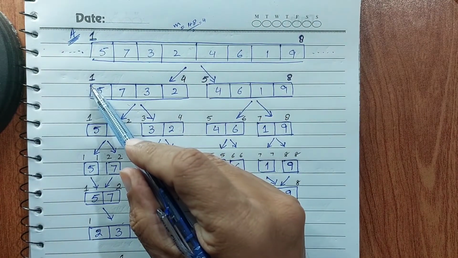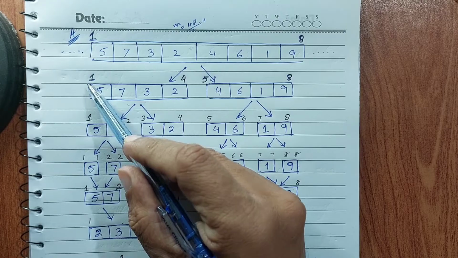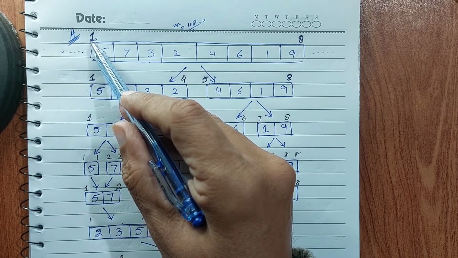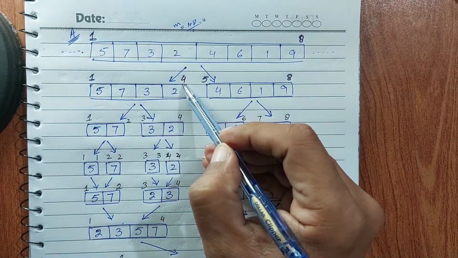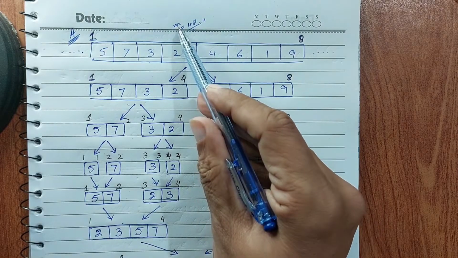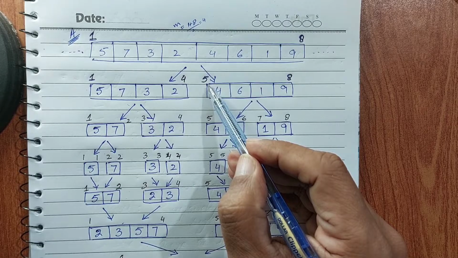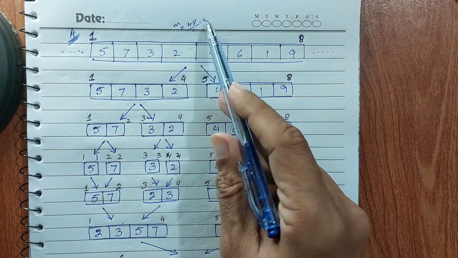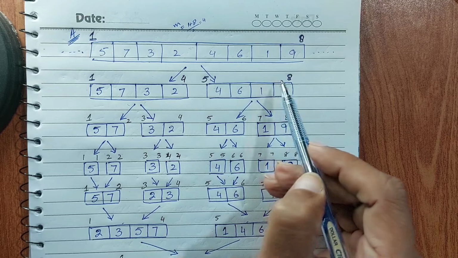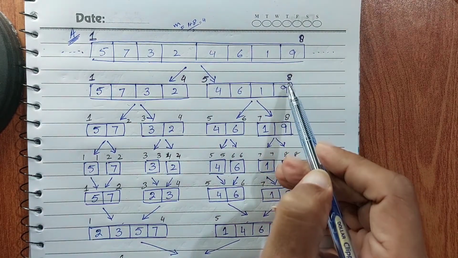The starting index would be 1, the starting index of the previous array, and the ending index of this left subarray would be the mid. The starting index of the right subarray would be mid plus 1, so that is 4 plus 1, 5, and the ending index would be the same as the previous array.